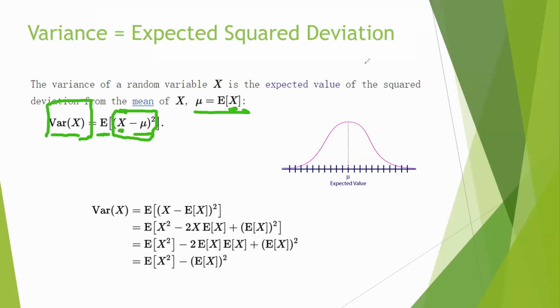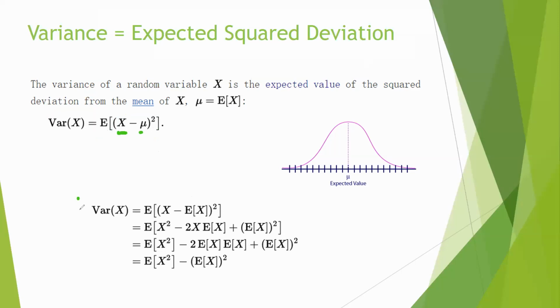Does that make sense? So we want to calculate the expected value of the squared value of the deviation of each outcome from its center. It's kind of complicated, but I hope you can follow this and understand what is being measured here.